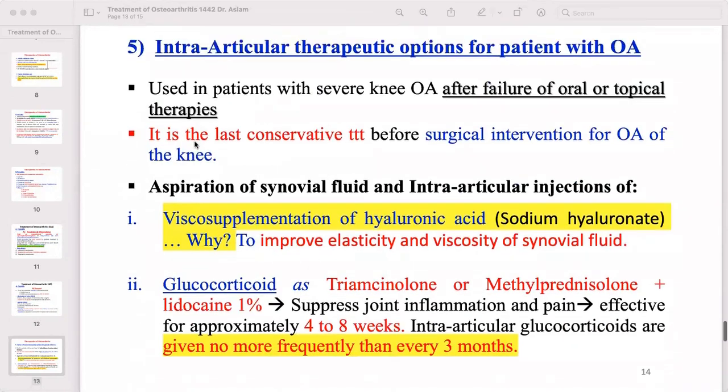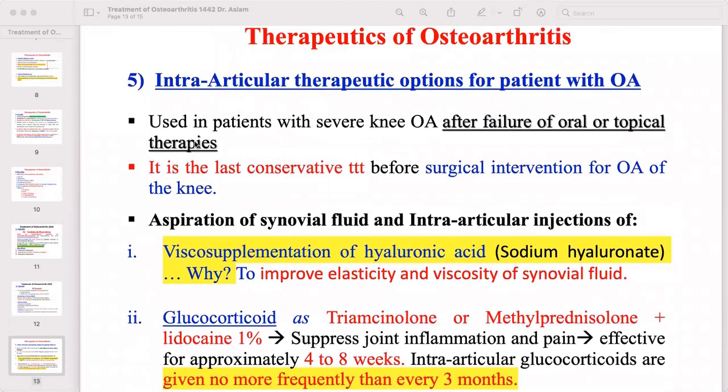Next, therapeutic options include intra-articular therapeutic options for patient with osteoarthritis. If the patient did not get significant benefits from the previously discussed therapies, then intra-articular therapeutic option is used.